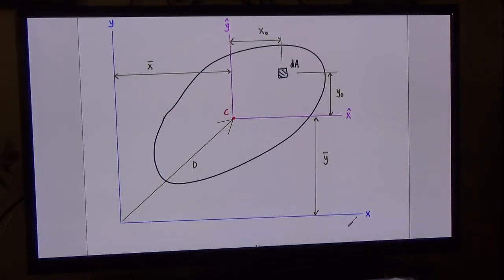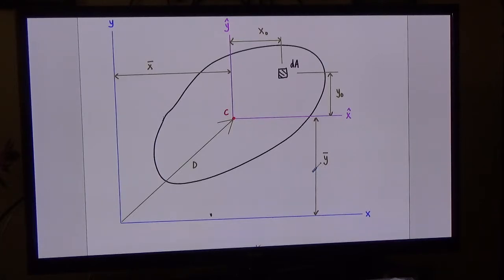And then down here I just have some regular x and y axes, wherever they may be. So for the area, it has coordinates in the x hat, y hat frame of some x0 and y0. Then the coordinates of the centroid in the xy frame of reference are, of course, x bar and y bar.